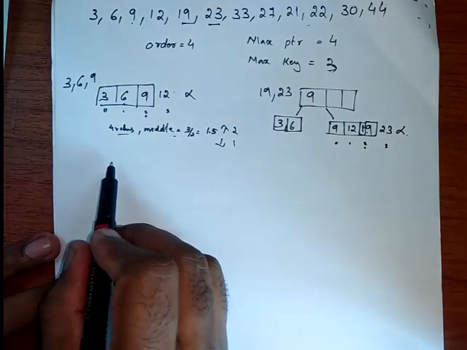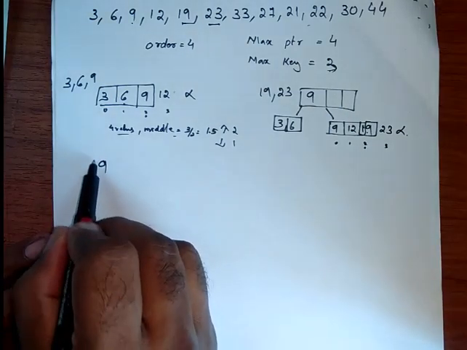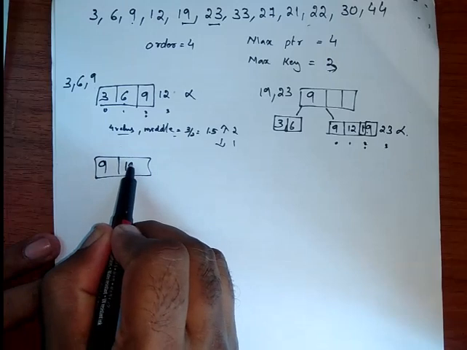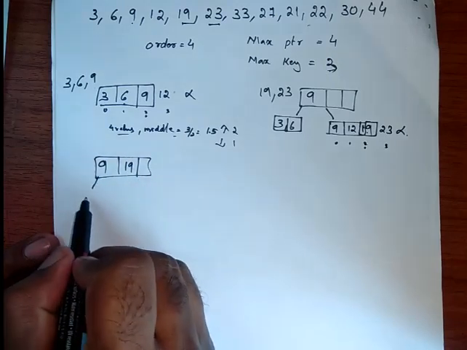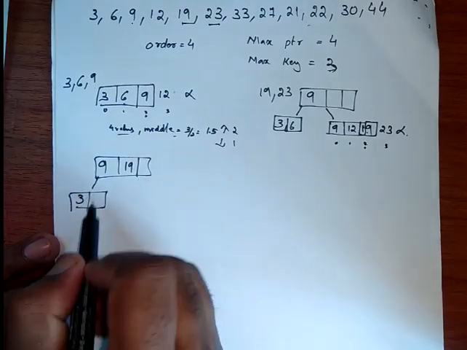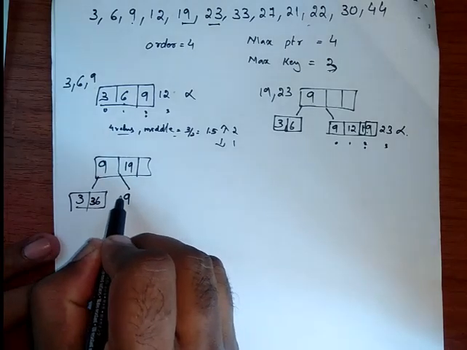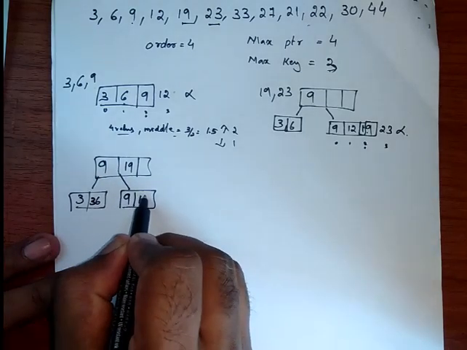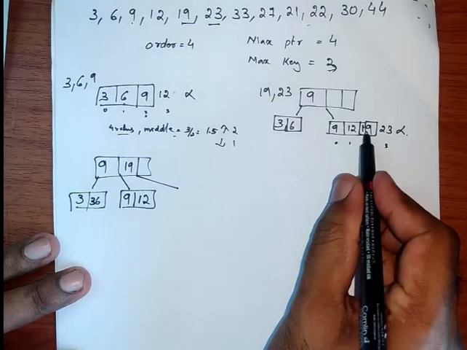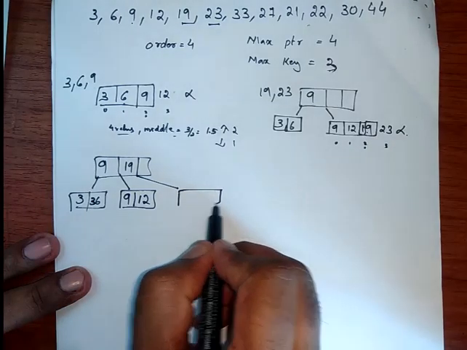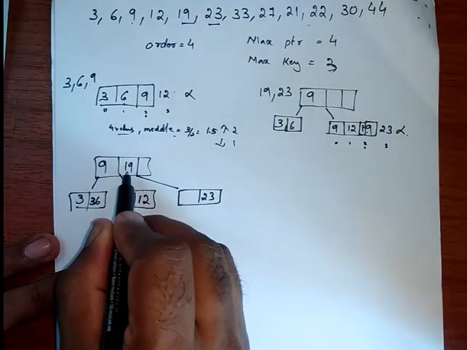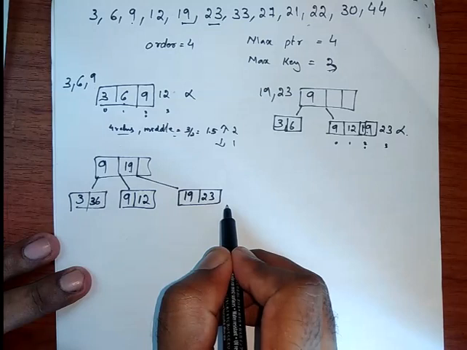We need to move the value 19 to the parent node, and here the parent node is actually the root. And we know that the left of 19 you have 3, 6, and 9 and 12, and right of 19 is 23, but we know that all the data values should come in the leaf node, so 19 should be placed in the right subtree.